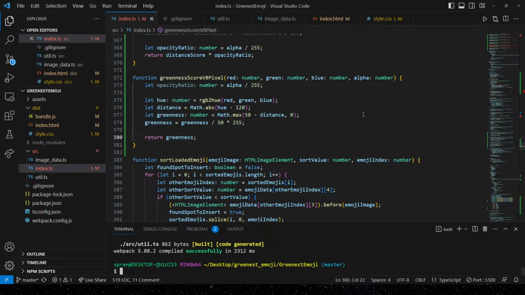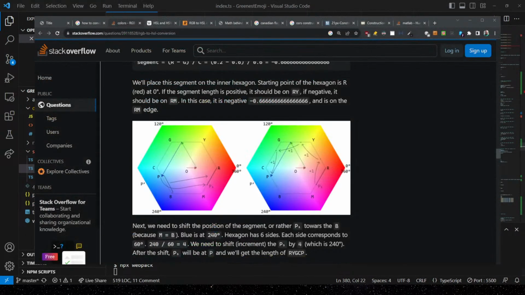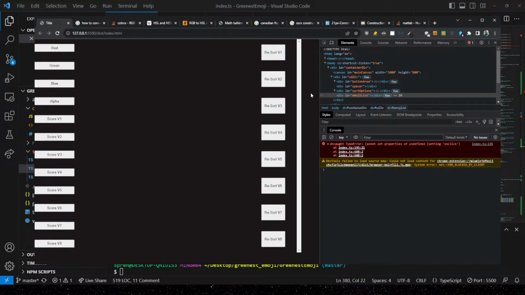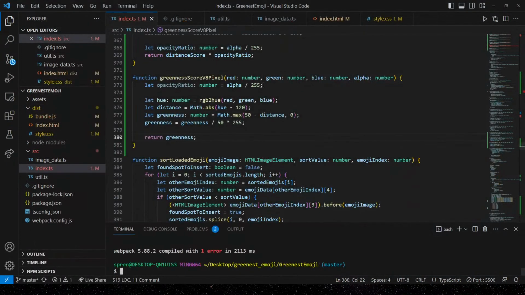Ta-da! Simple as that. That's not right. Cannot set properties of undefined. Really? Line 195. What did I do?